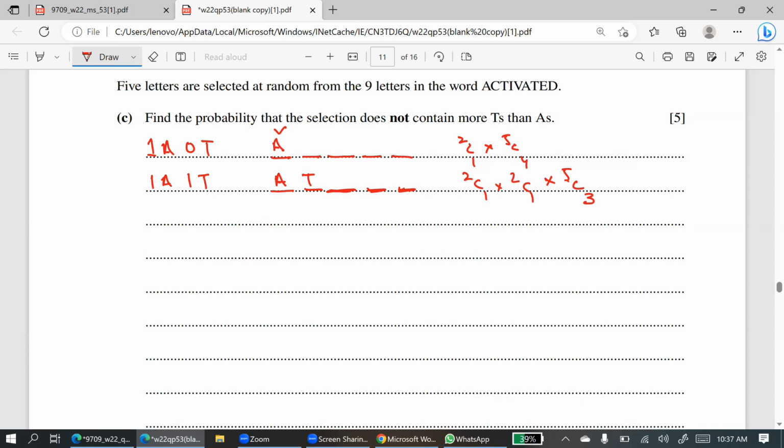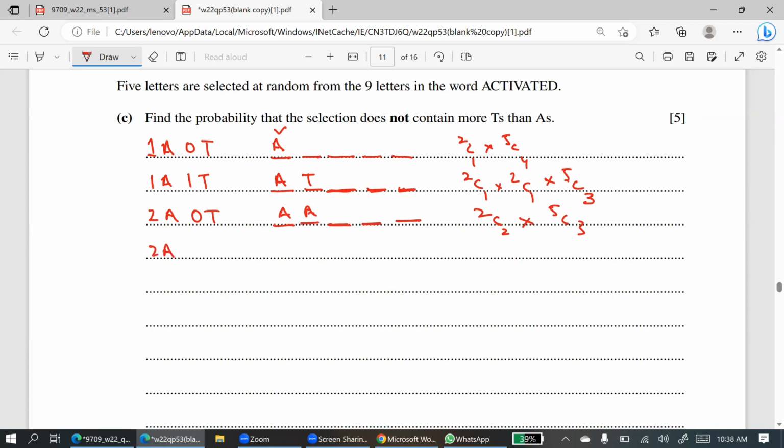Now we will consider 2A, we will draw the case for 2A's and 0T. This one is 2C2 into 5C3. Other than A and T, we have 5 letters to fill these 3 positions. The number of selections are 5C3.